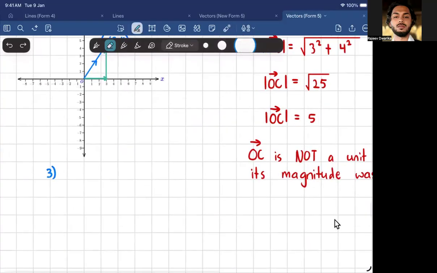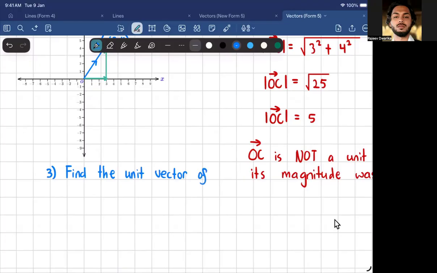Now, the other thing you need to be able to do is find the unit vector. Find the unit vector of OC.